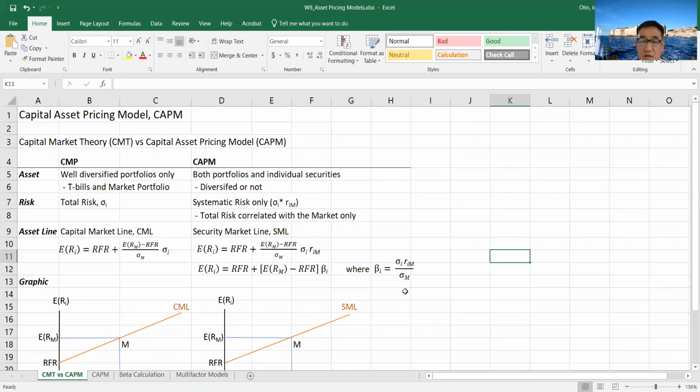That famous beta that you have heard of. If you replace this whole thing with beta, this is the CAPM model, right?